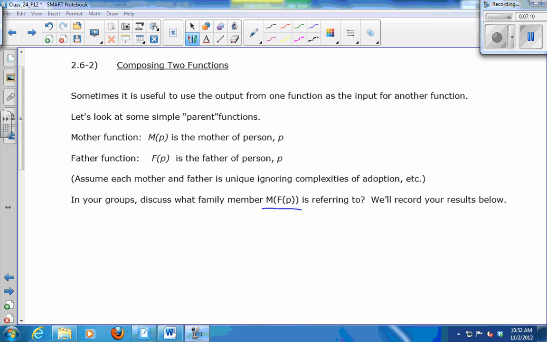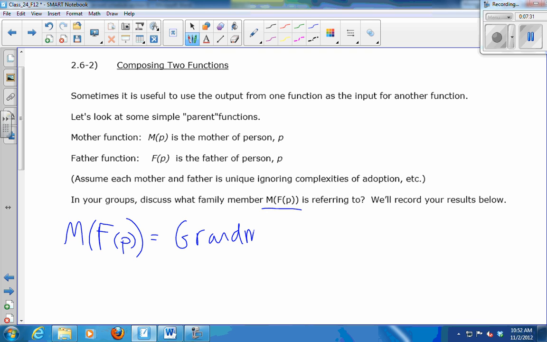Okay, so M of F of p. Well, F of p is the father of the person. So this would be the mother of the father of a person, which is what? Grandmother. M of F of p is the grandmother of p on the father's side, right?